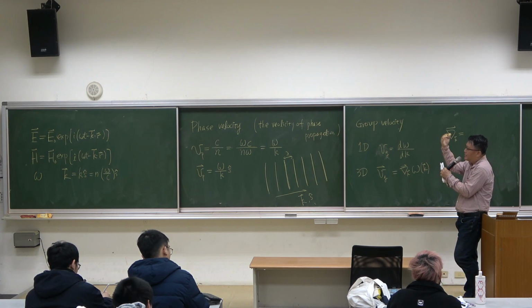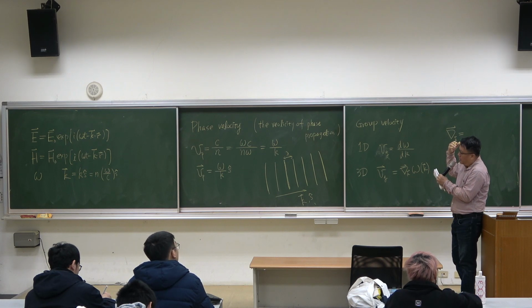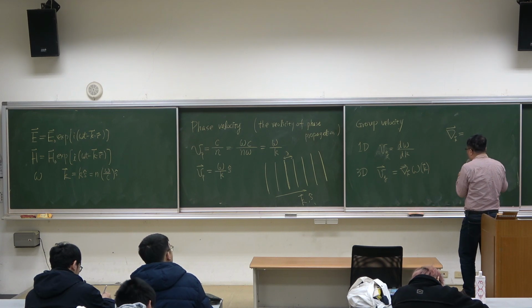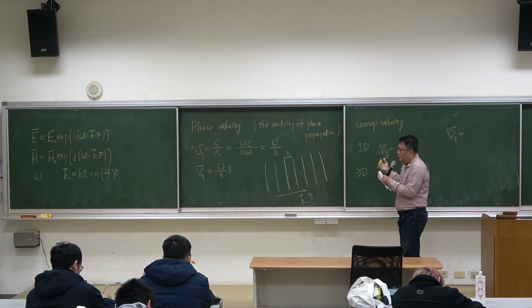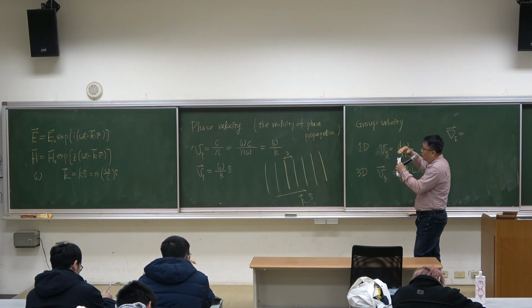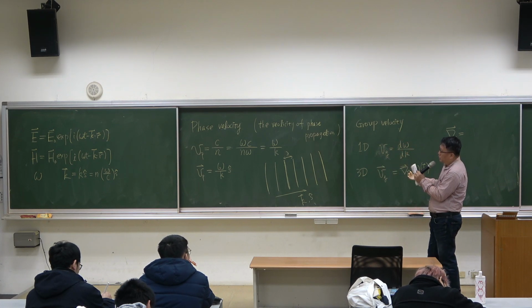You use kx, ky, and kz as variables, just like you use x, y, z as variables in the original position space.